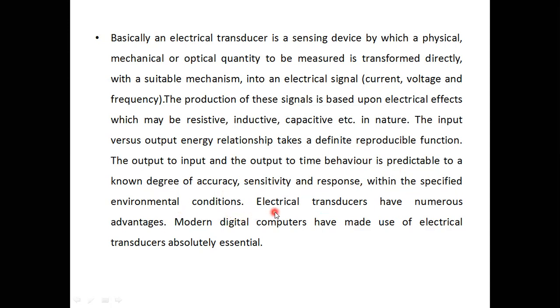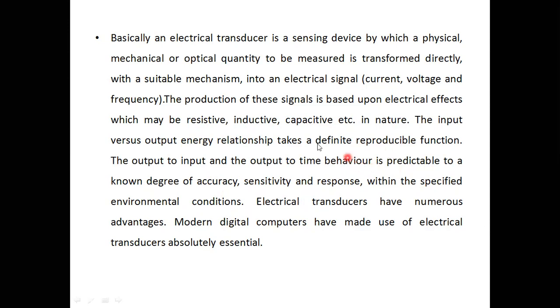So, electrical transducers have a number of advantages. All the physical or industrial parameters like temperature, pressure, speed, velocity, acceleration, and so on can be effectively measured by many electrical transducers, which follow the resistive principle, inductive principle, capacitive principle, photoelectric principle, photovoltaic principle, magnetic principle, Hall effect principle, and so on.